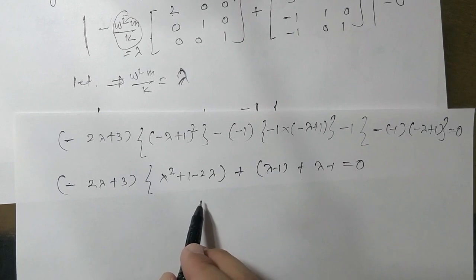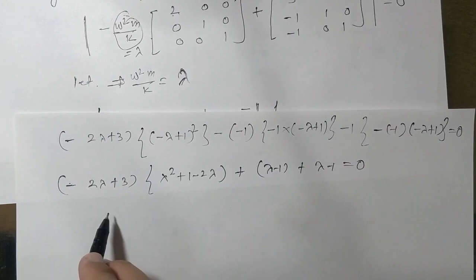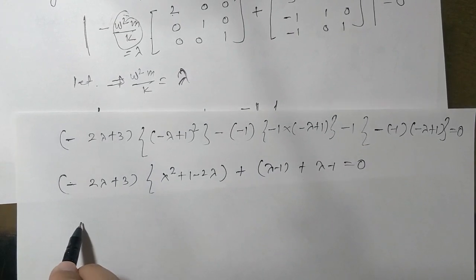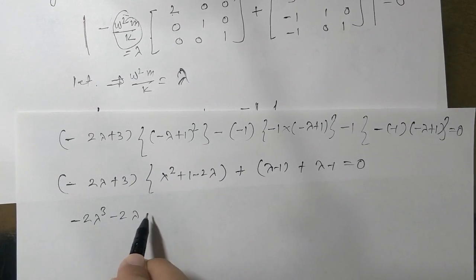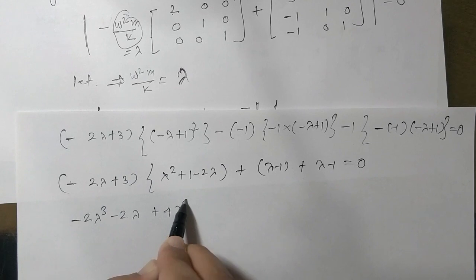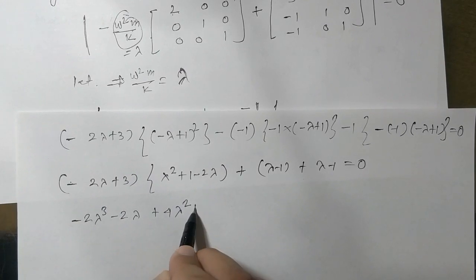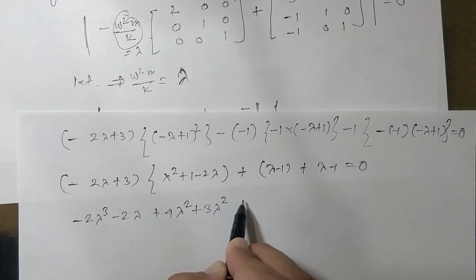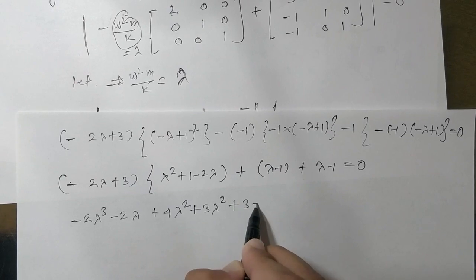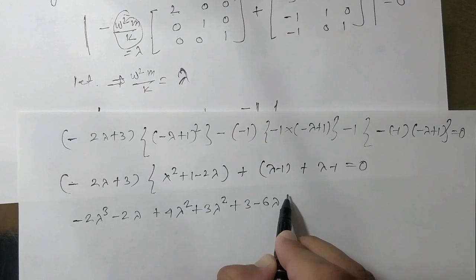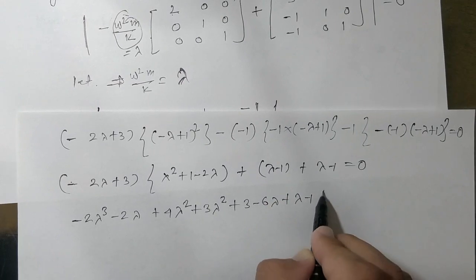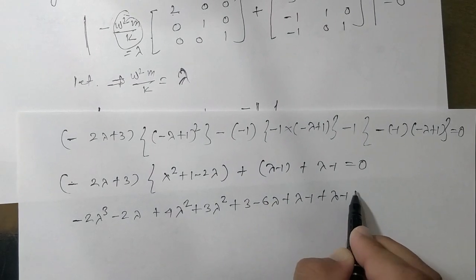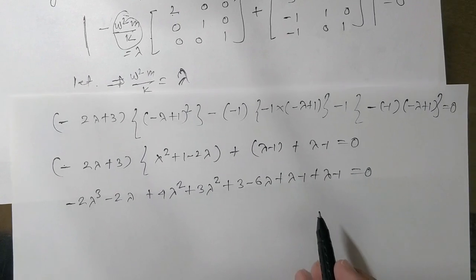If we sort this out, we'll get minus 2 lambda cube minus 2 lambda plus 4 lambda square plus 3 lambda square plus 3 minus 6 lambda plus lambda minus 1 plus lambda minus 1 is equal to 0.